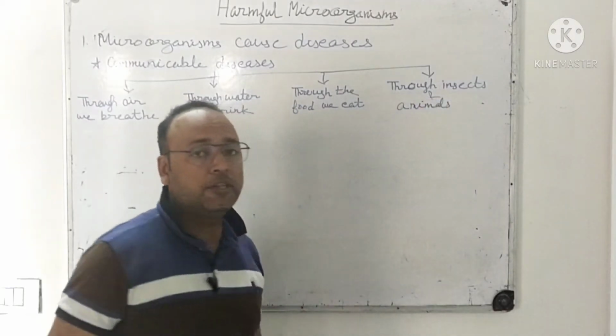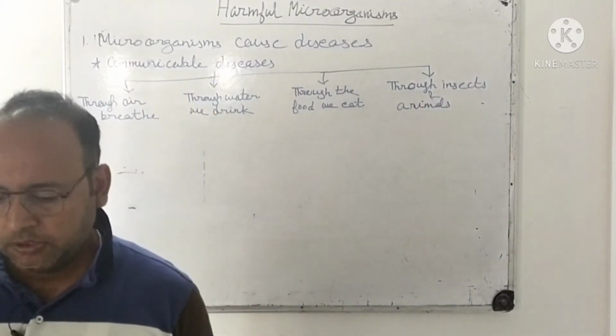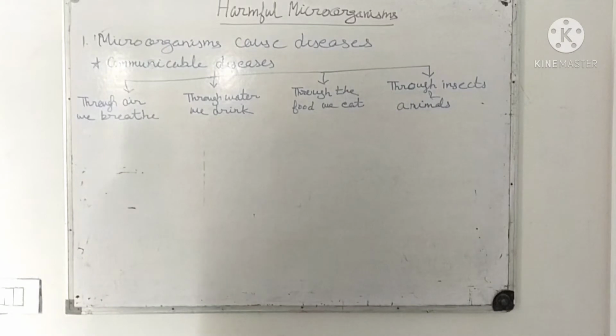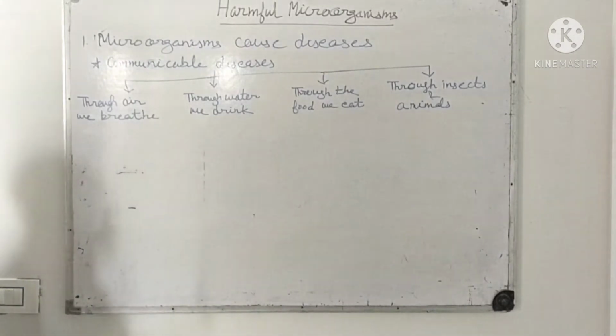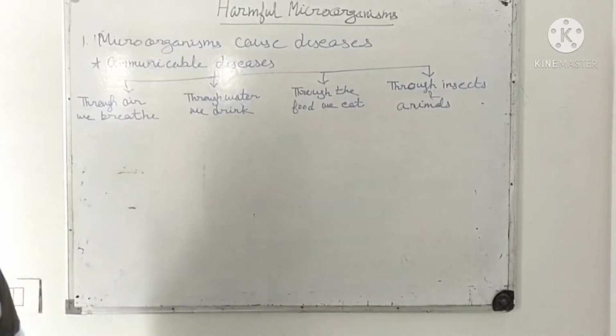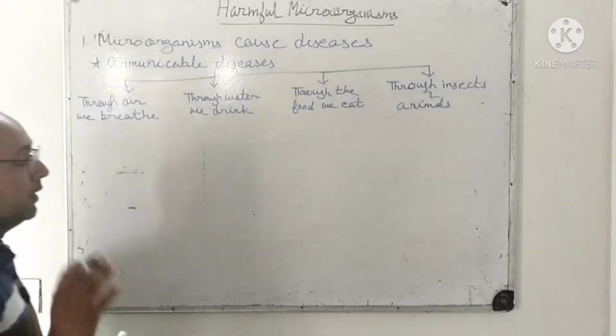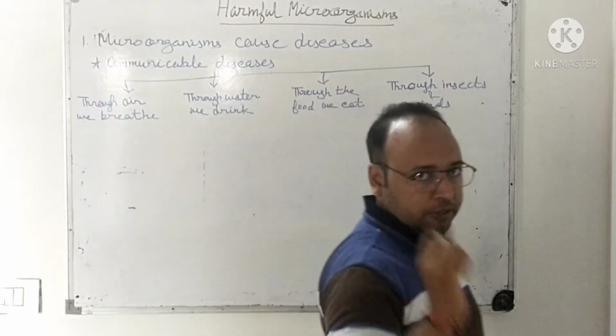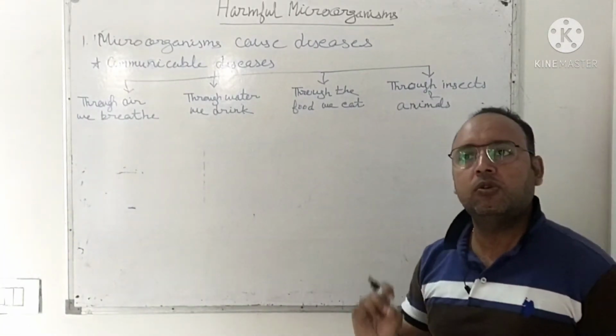You might be surprised: insects and animals? There are some disease-causing microbes which move from an infected person to a healthy person, and then they spread this disease. These are called carriers, common carriers, or vectors.